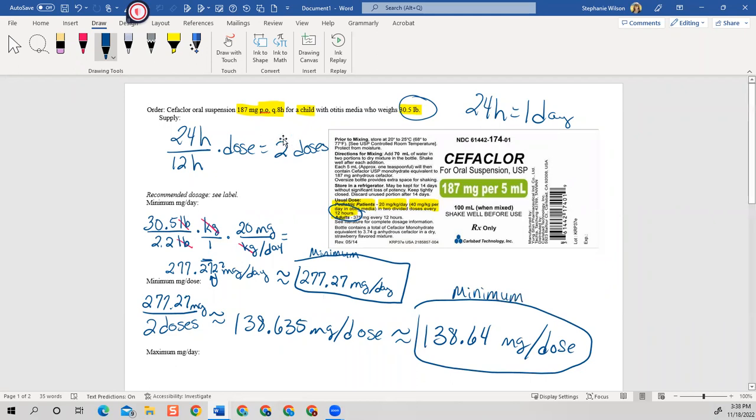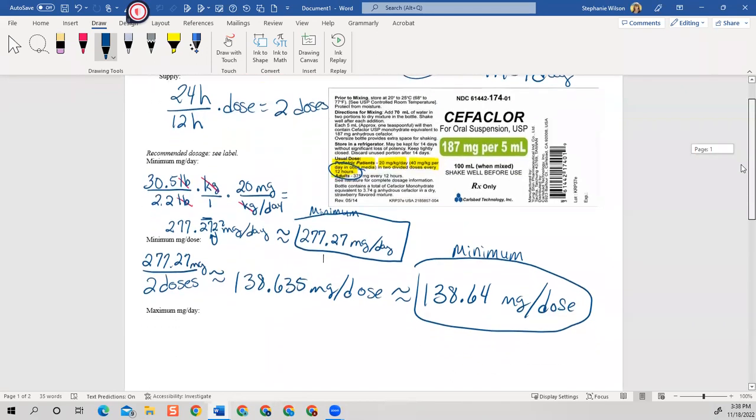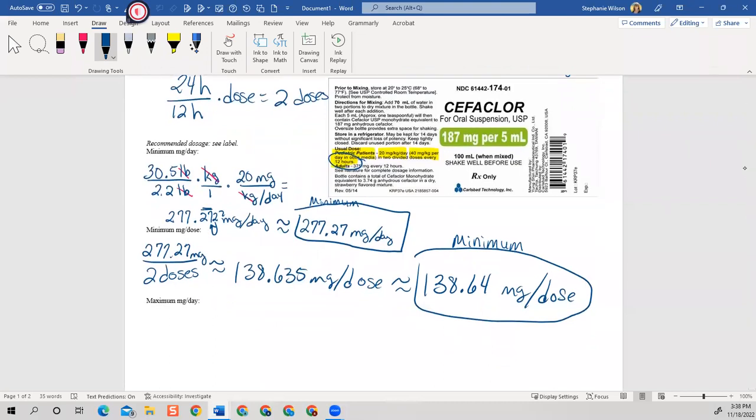Let's go to the next one and do our maximum per day. We take our 30.5 pound patient, divide by 2.2 pounds times 1 kilogram, put it over 1 times the 40 milligrams per kilogram per day.